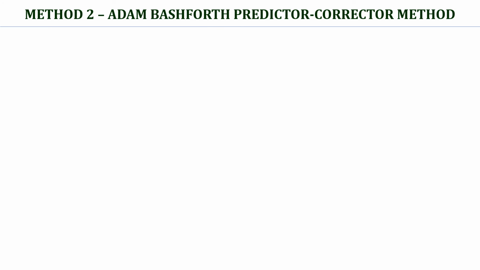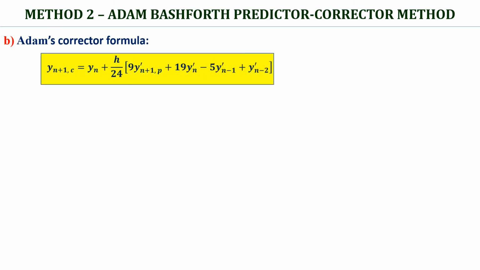So let's note the Adams corrector formula now. The formula is given in this manner. So it's n plus 1 comma c. We are going to put n equal to 3. We are using the predicted value here. Do you see that? So when I put n equal to 3, I get y4p dash. And what is that according to my equation? F of x4, and instead of y4, it will be written as y4p.